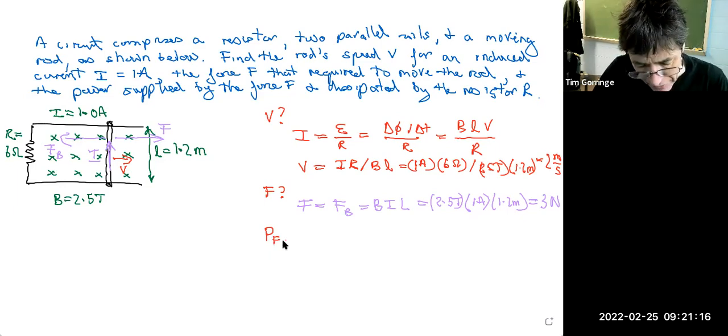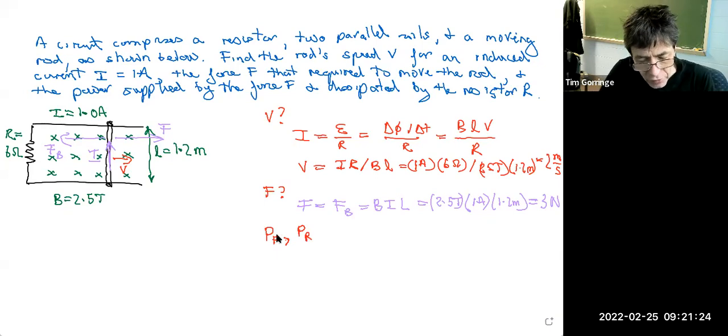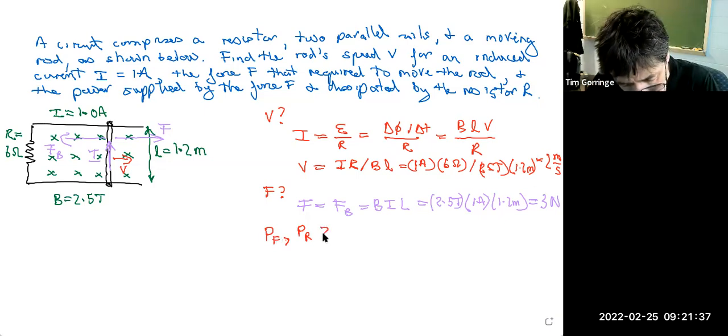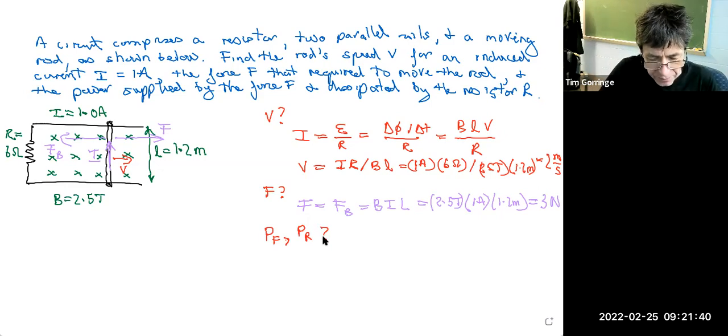And we're also going to calculate the power that's dissipated in the resistor. I'm going to call that P, power, with subscript R for resistor. So one of these powers is energy being supplied to the circuit, that's by me, and the other one is energy being dissipated into heat by the circuit, that's by the resistor. So we want to find both of these, and we're going to be interested in comparing them.